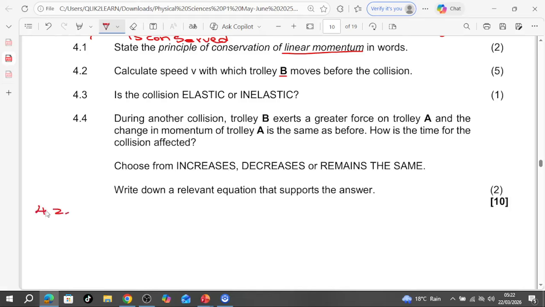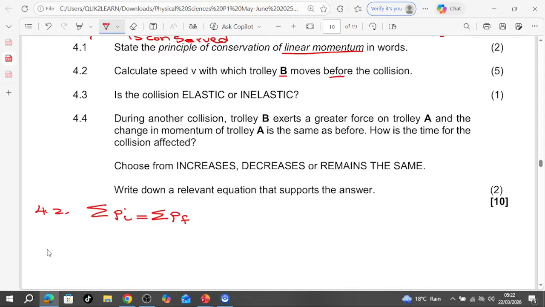So on my 4.2, I'm going to say the momentum before equals the momentum after. Why are we using this? Because remember there's a collision.